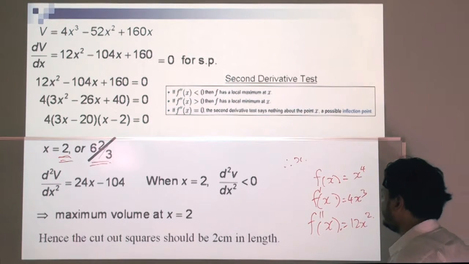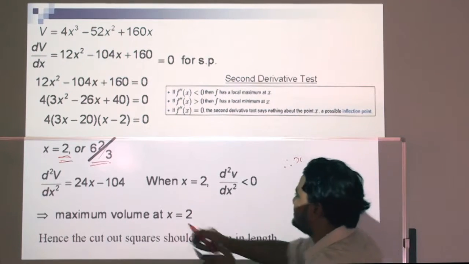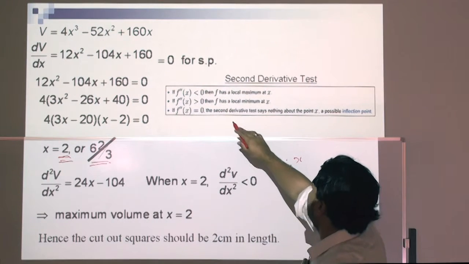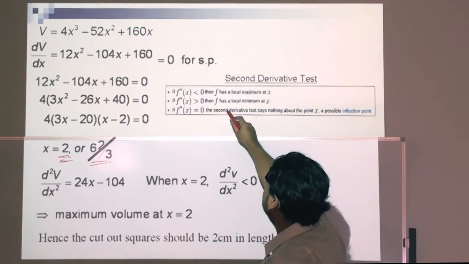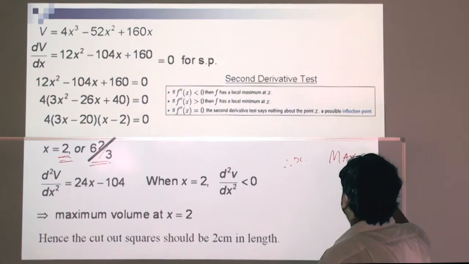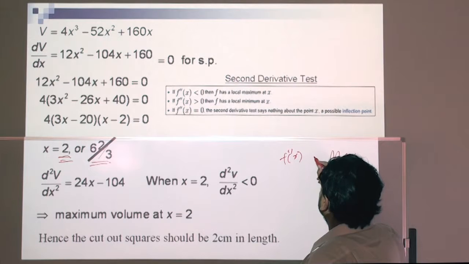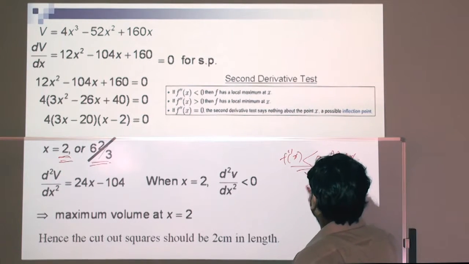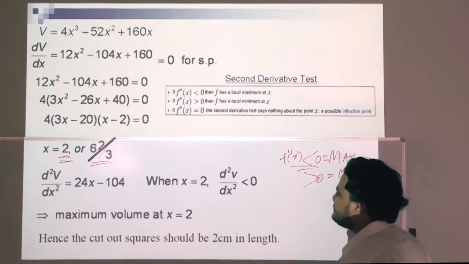Remember that. The second derivative test: if the second derivative is smaller than 0, it's a maximum. If it's greater than 0, then it is a minimum value.